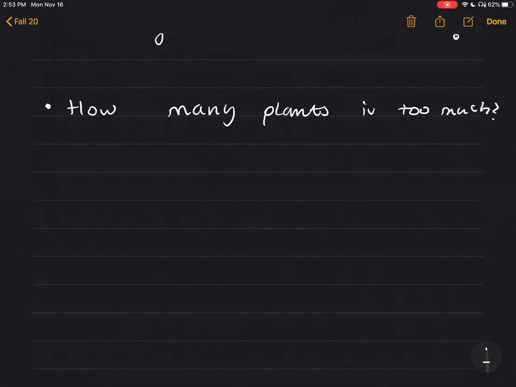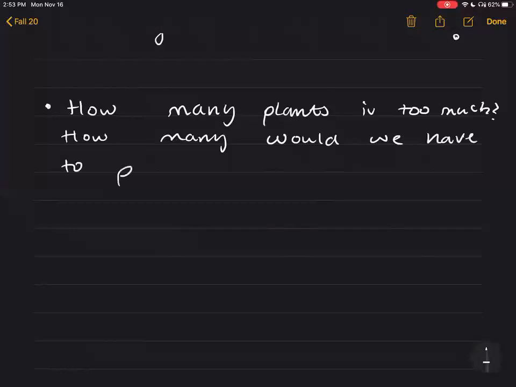To be more precise, like how many would we have to plant to get 0 grapes?